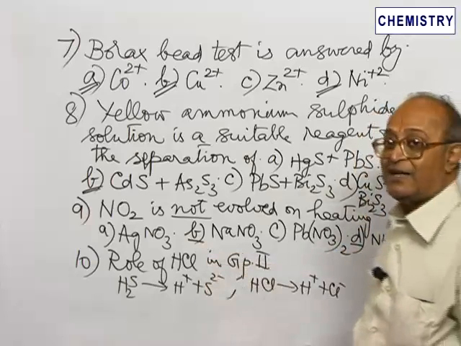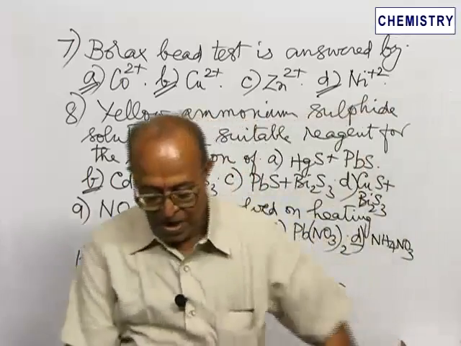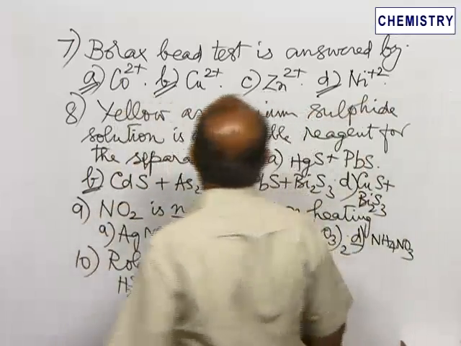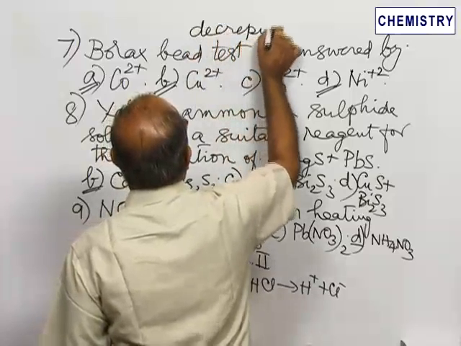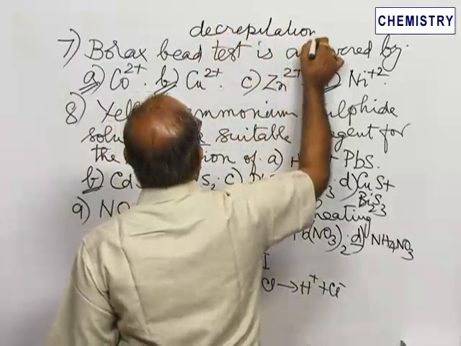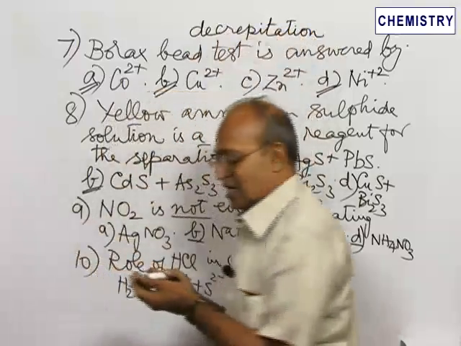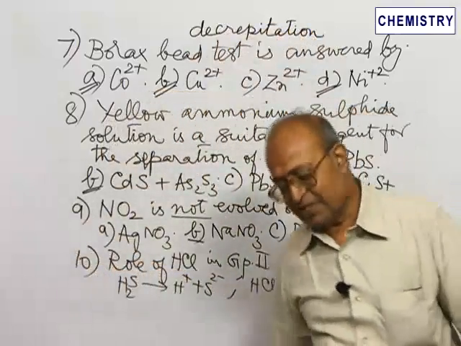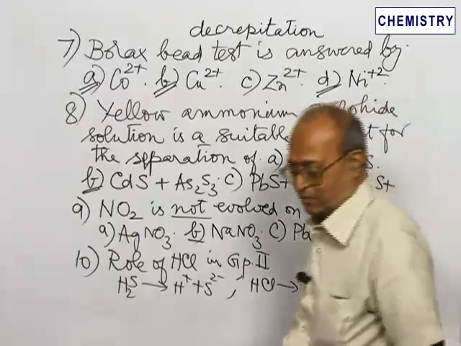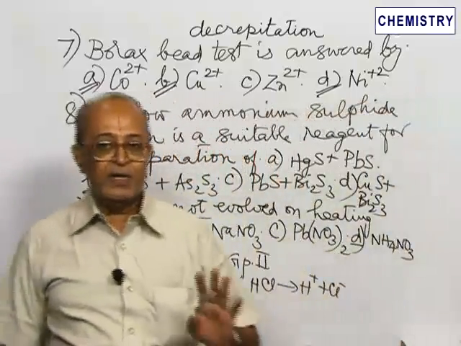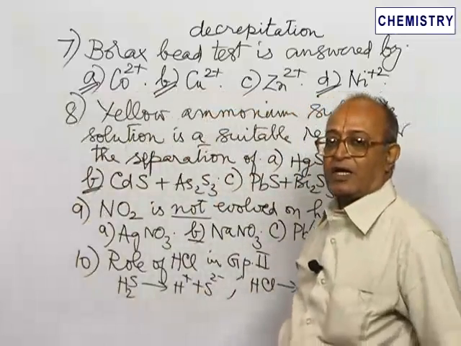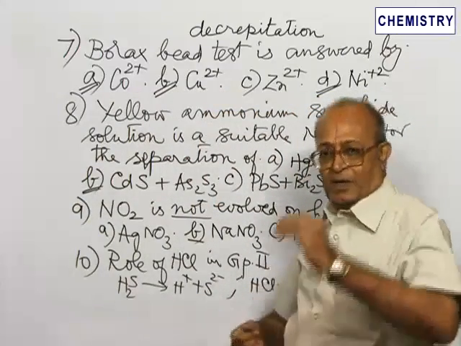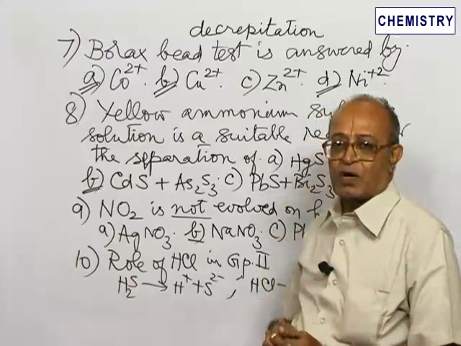C, lead nitrate. Now, you remember one term, please remember this. In qualitative analysis, in some books it is given, decrepitation. Whenever you find a word like this, immediately mainly two salts should come into your mind.